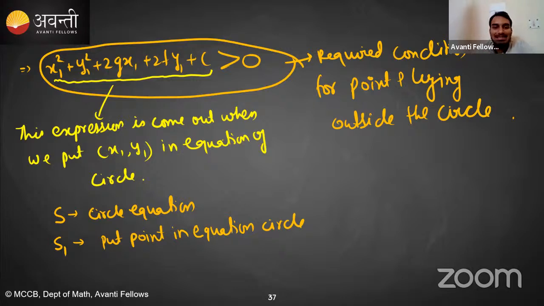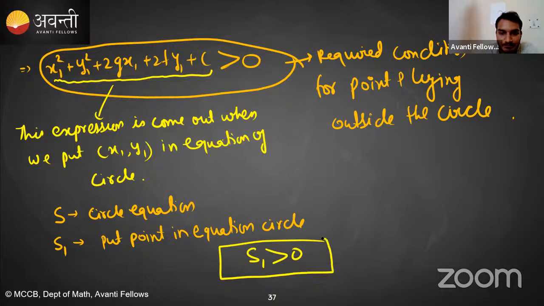So you can say that if the point P is lying outside the circle, S1 is greater than 0. This is the required condition. Is this clear?